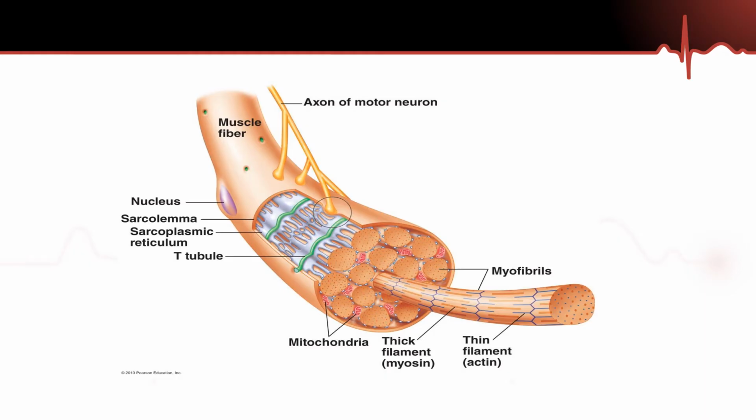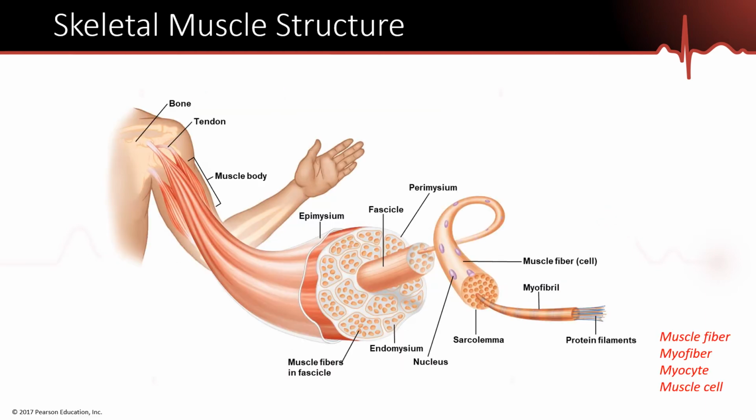Although there is another huge question, which is how does a whole muscle generate more force? So here's the biceps muscle. Inside of the biceps muscle, we know there are hundreds of thousands of muscle fibers. Here's one of them.